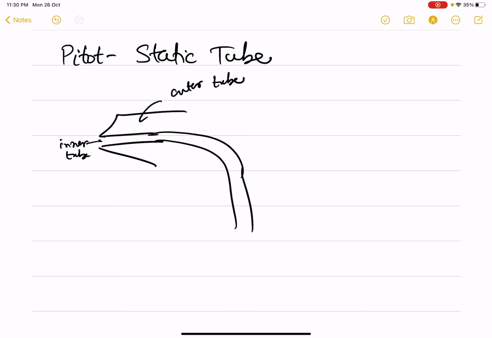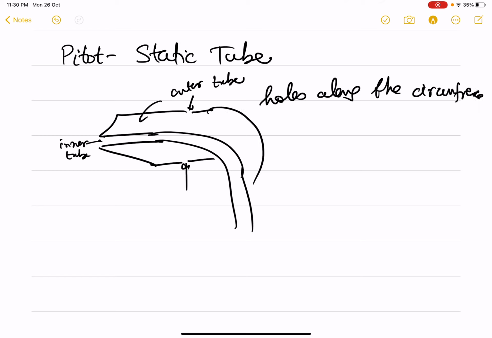Now in the outer tube, just at this point there are holes along the circumference, and then this outer tube is also connected.